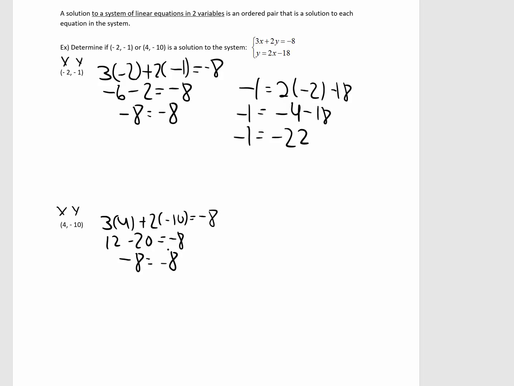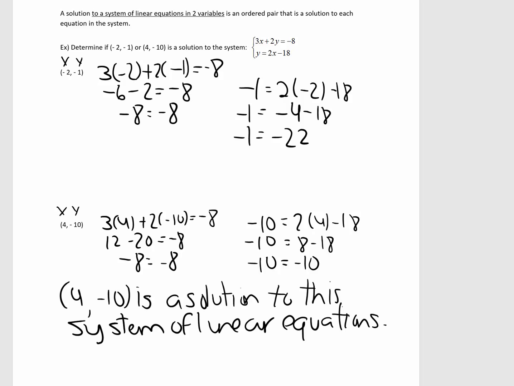Now let's check the bottom equation. We see that (4, -10) is a solution to the bottom equation. Therefore, we can write (4, -10) is a solution to this system of linear equations.